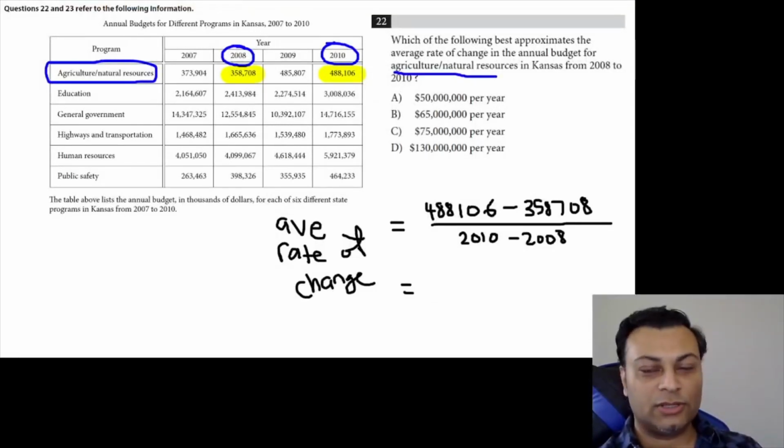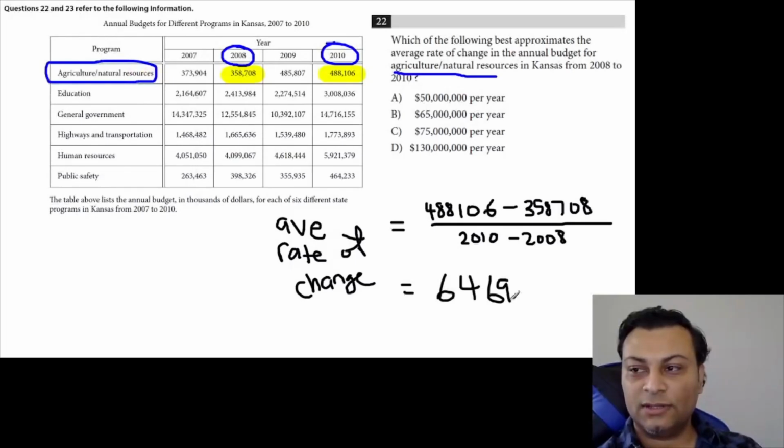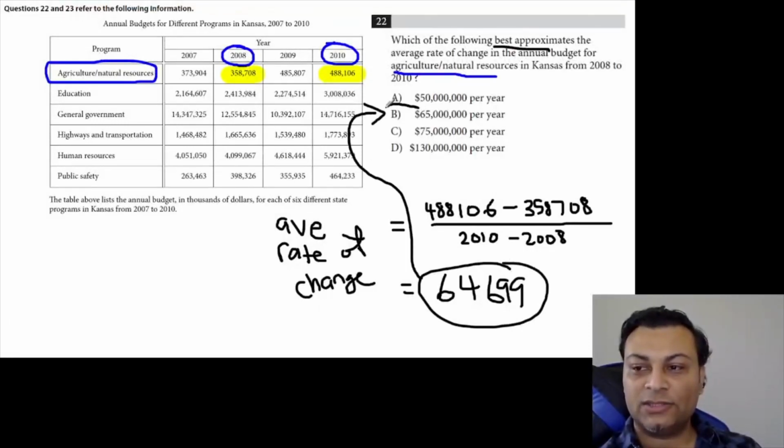Of course, let's just grab the calculator. Let's do 488,106 minus 358,708 divided by, you can just type in 2. 64,699. Best approximates, so that is roughly about $65,000. So the answer is B. The rest are too far away.